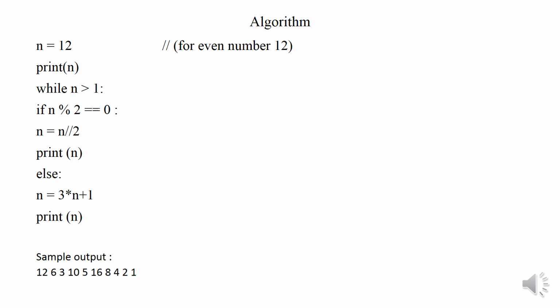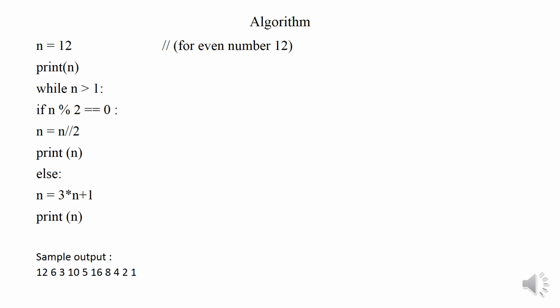And we go to the else control statement, 3 into n plus 1. We get 5 into 3 plus 1, 16. 16 is an even number. 16 modulus 2 is equal to 0. Yes. So 16 divided by 2. The output is 8.